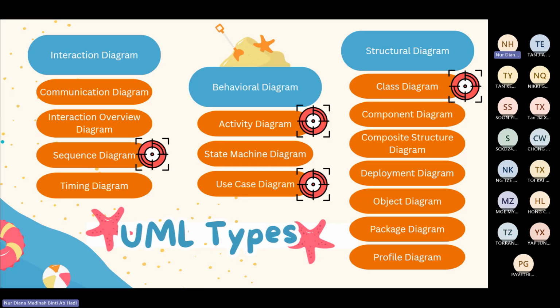Only 2 people out of 10 have learned about system analysis and design and also software engineering. Only 2 people know about these 4 diagrams. Okay, thank you. It's from who? Nikki and also Edison. Okay.